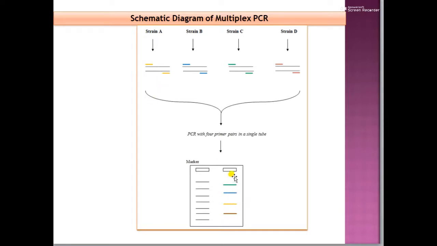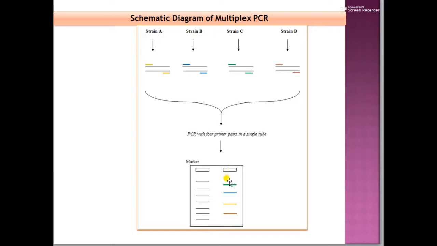You must have an idea. The colors do not indicate that 4 different colors will be formed on the agarose gel. It only indicates that they will be of different lengths. So if one particular length of a fragment has been formed, you will say this is, for example, the green one, which has been found to be much longer.